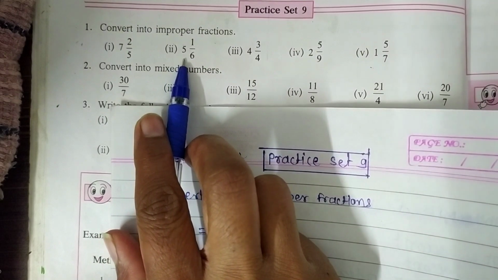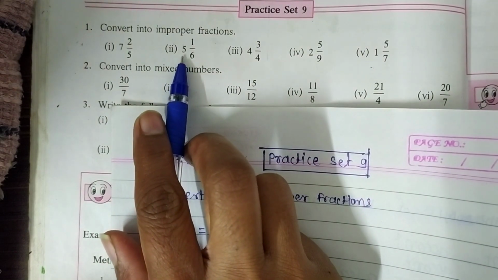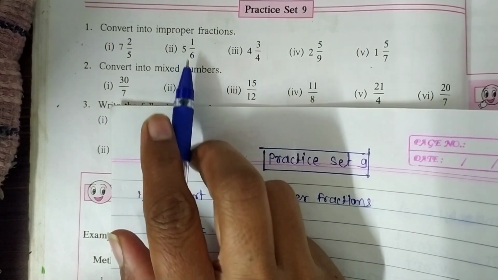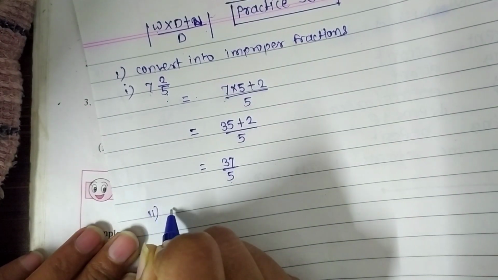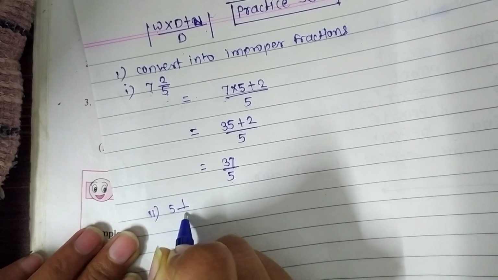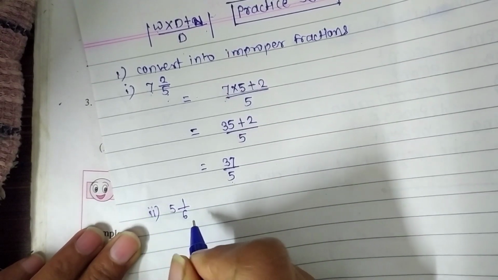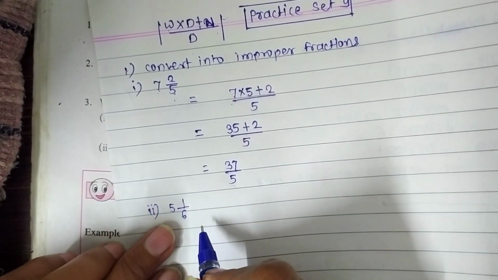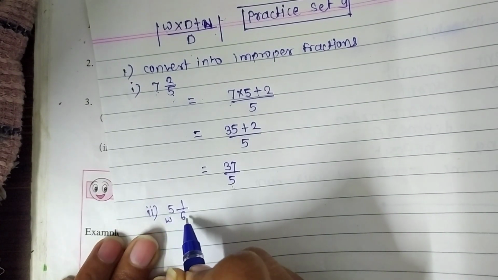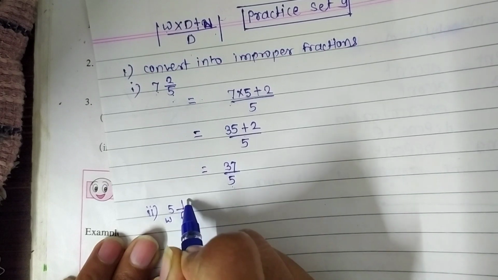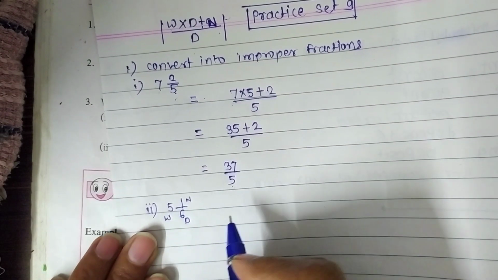Next mixed number is 5 and 1 upon 6. So 5 is a whole number, 6 is the denominator, and 1 is the numerator.